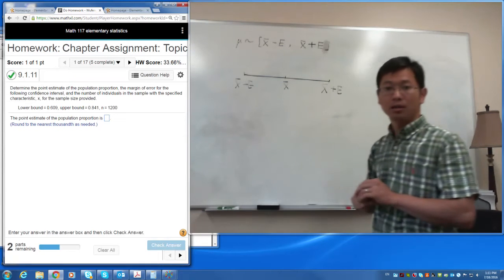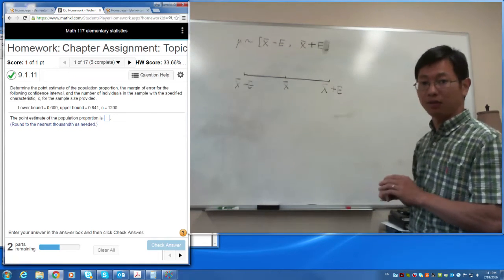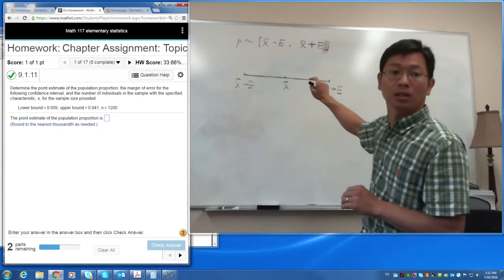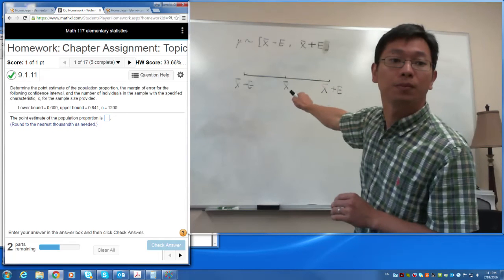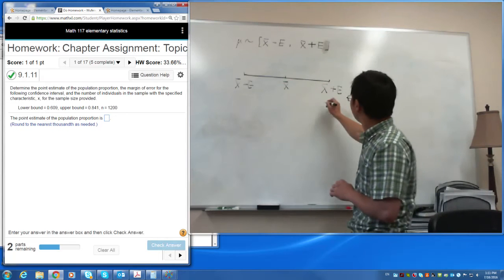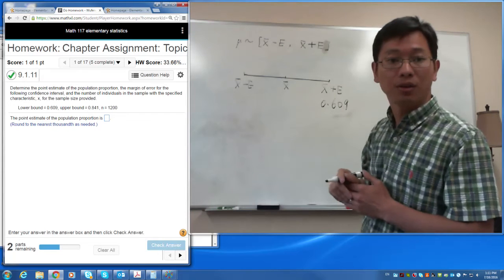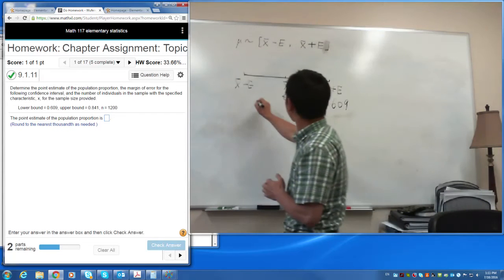In the next problem, sometimes it doesn't give you, and you have to find it yourself. The lower boundary is 0.609. The upper boundary they give you is 0.841.